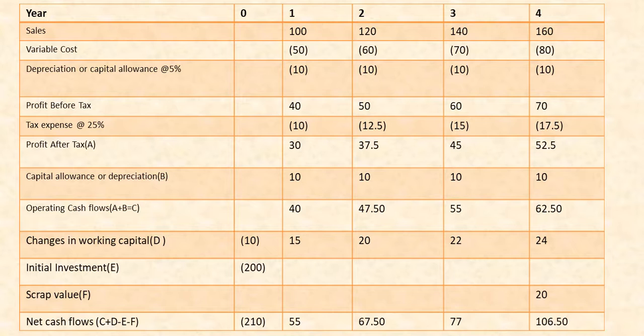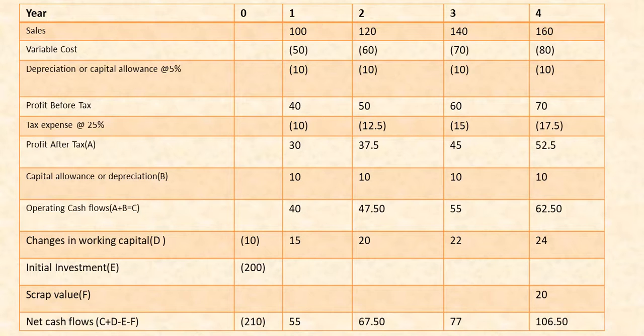The changes in working capital in year 0 basically mean that the firm is investing $10,000 of its working capital in this project. That means an additional 10,000 outflow will be going into this project, and that's why in year 0 we have deducted $10,000. That is minus 10. In year 1, 15. Now what does that 15 mean?